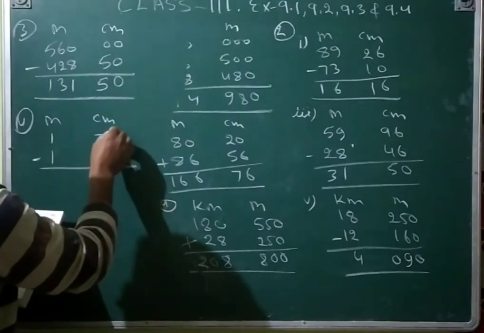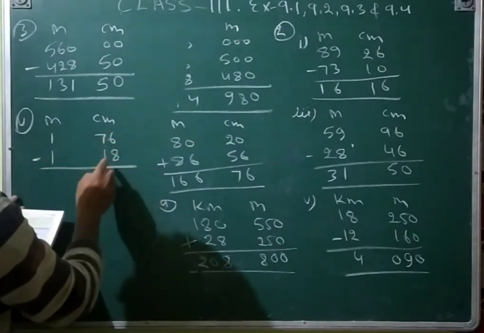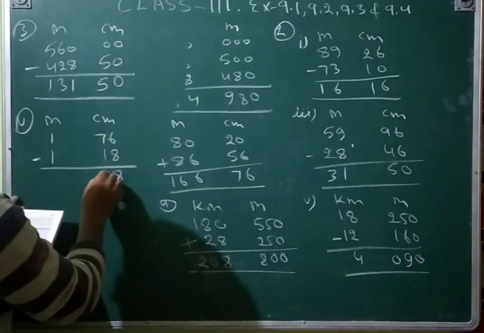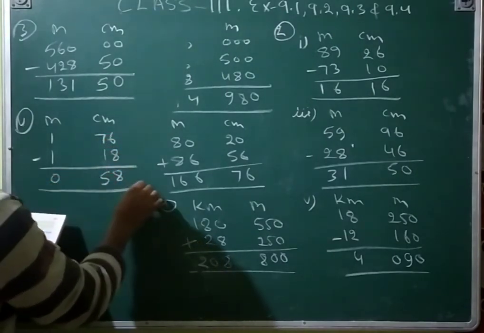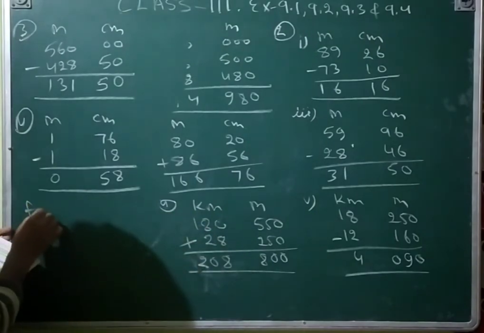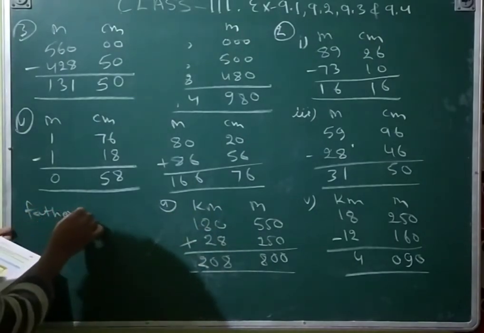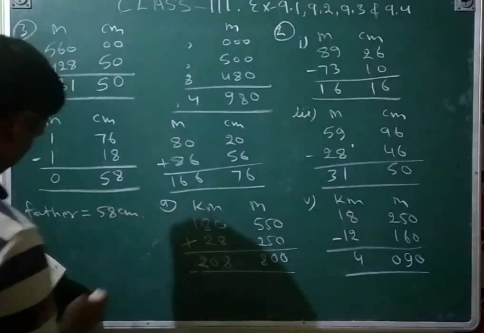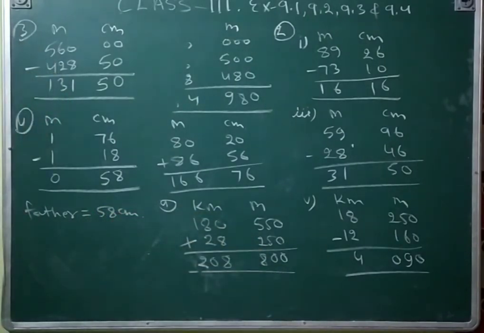Another subtraction by carry: this will be 8, and then 6 less 1, 5, and then this is the 0. Father, we will write here father, that is how many? 58 centimeter. This is the answer. Okay.